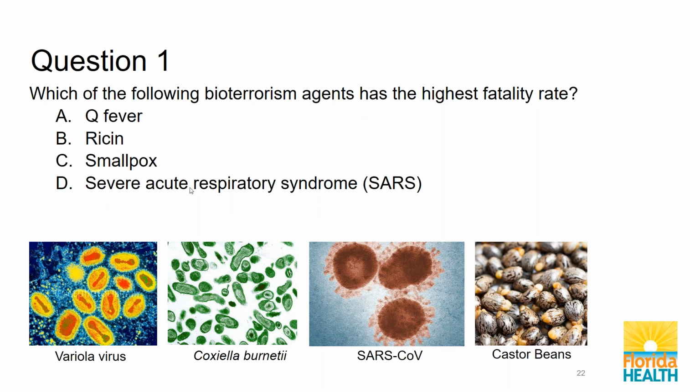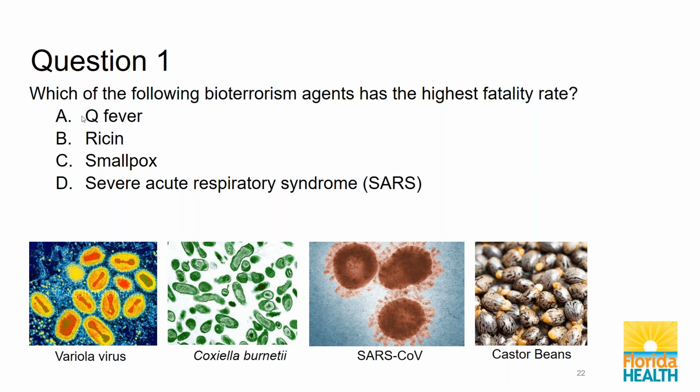For me, I would think about how these pathogens are transmitted, how you're going to come into contact with them. The riskiest one up here, I would think, would be smallpox, because that can be transmitted from person to person. Ricin is going to take some work for you to come into contact with.